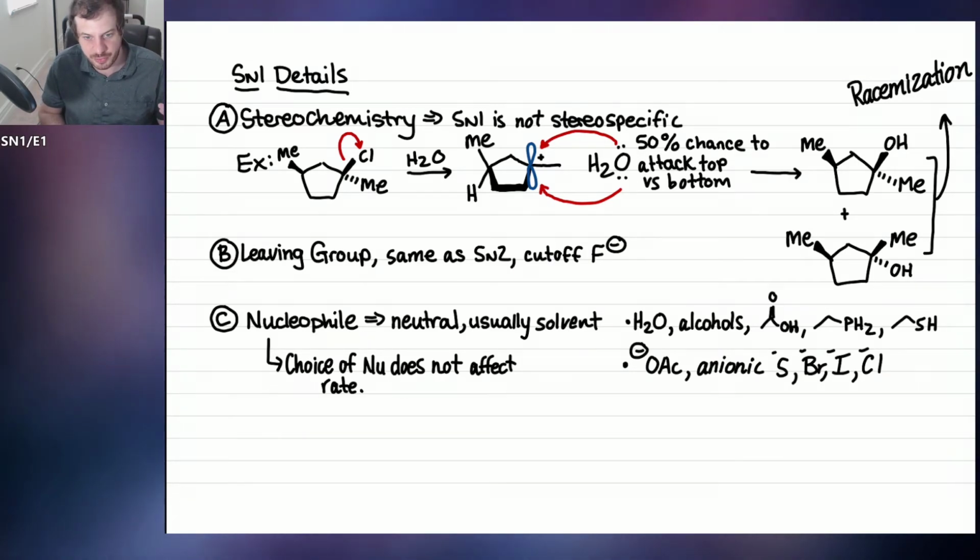These anionic nucleophiles tend to be quite a bit stronger, and they can cause SN2 to predominate. So we'll look at how we can use anionic nucleophiles and still get it to go through an SN1 process versus SN2.